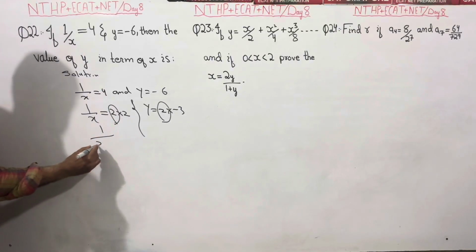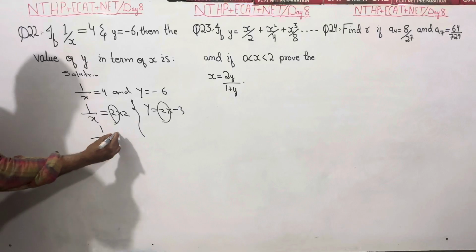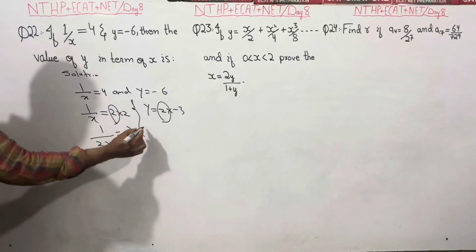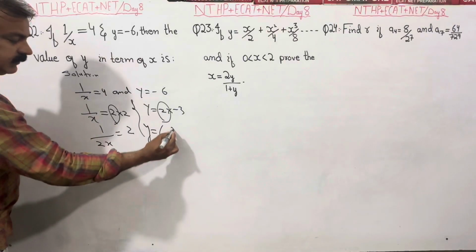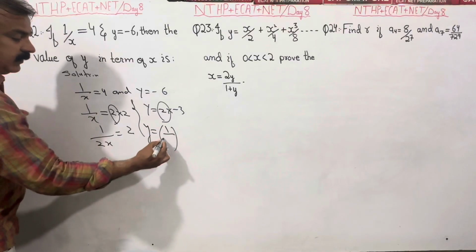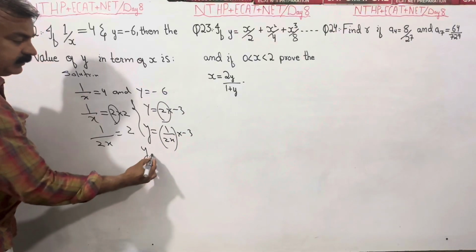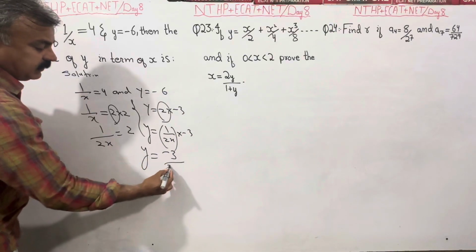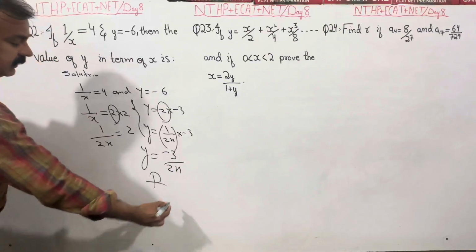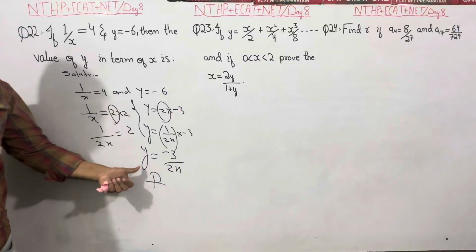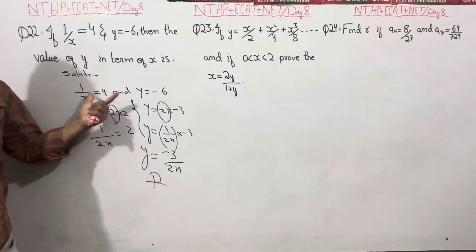Shifting, 2 is equal to 1 over 2x. Put this in: y is equal to 1 over 2x times minus 3, or y is equal to minus 3 over 2x. That's our answer. We successfully expressed y in terms of x.